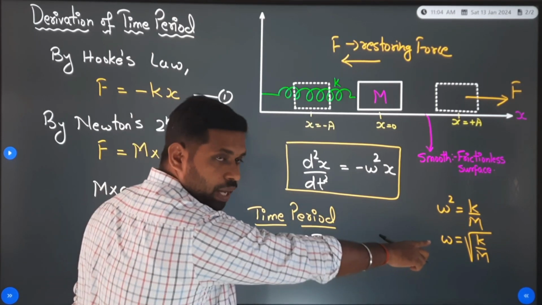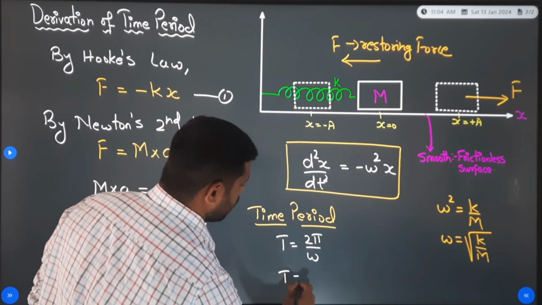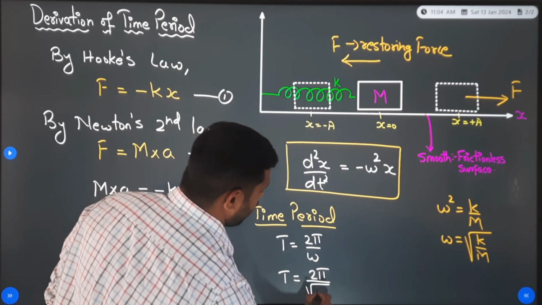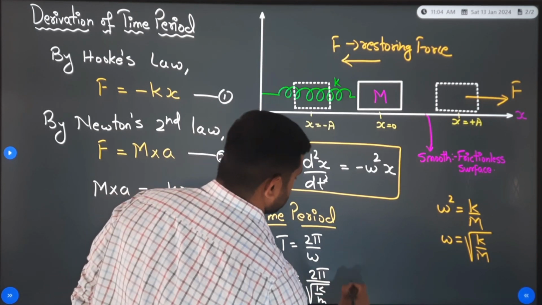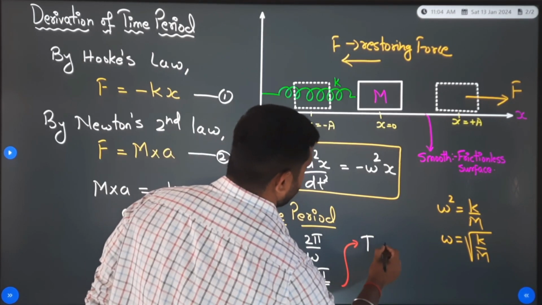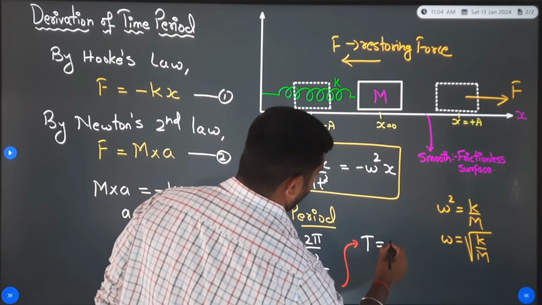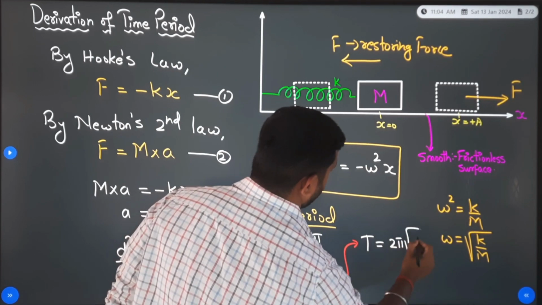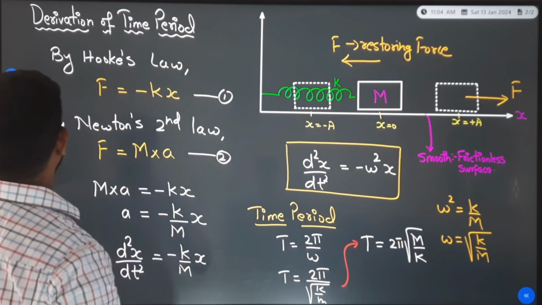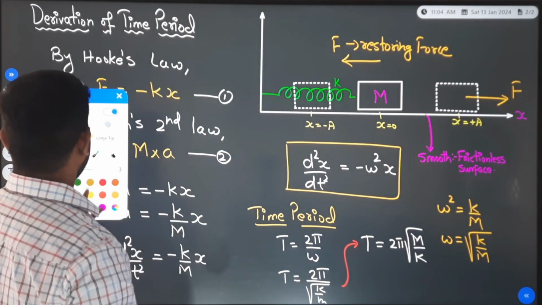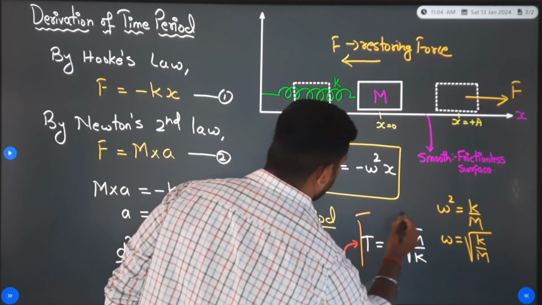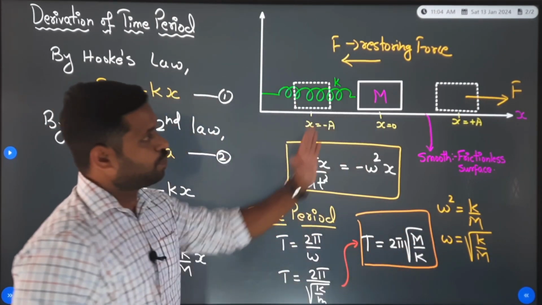We have got that omega here, the angular frequency, so that will be 2 pi by square root of k by m, and thus T will be equal to 2 pi square root of m by k. This is the expression for the time period of the spring mass system.